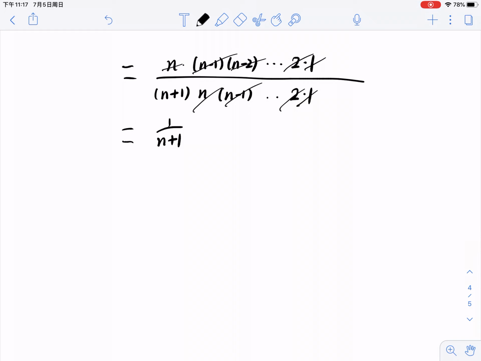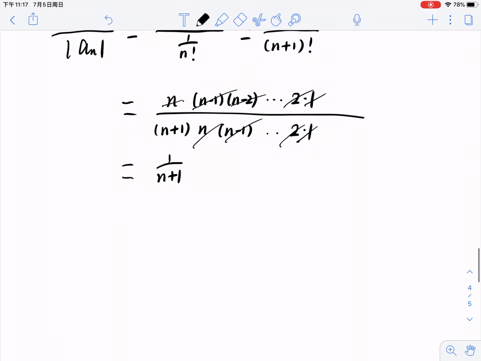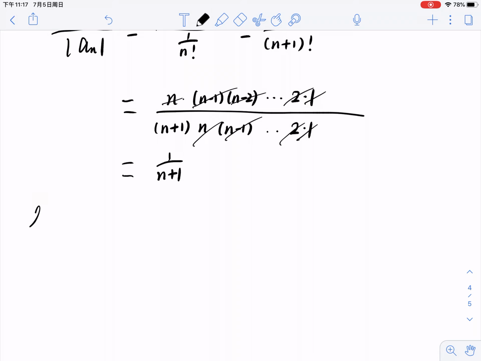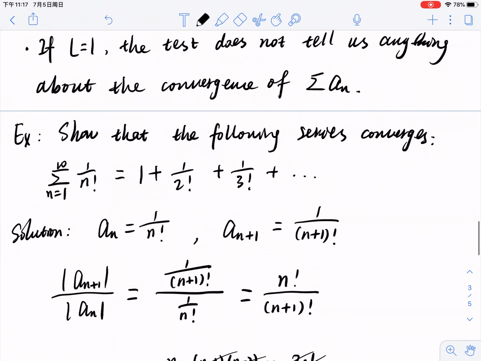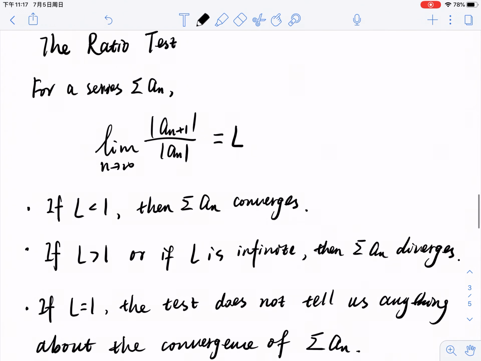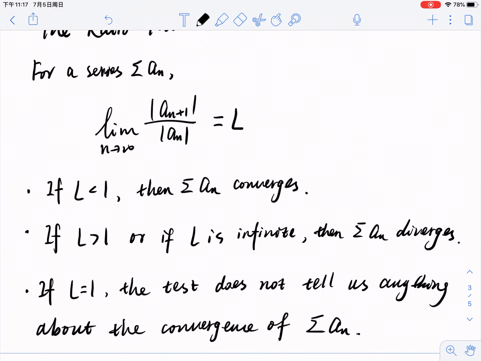So let n go to infinity. This ratio will go to 0. 0 is less than 1, so this L is less than 1.